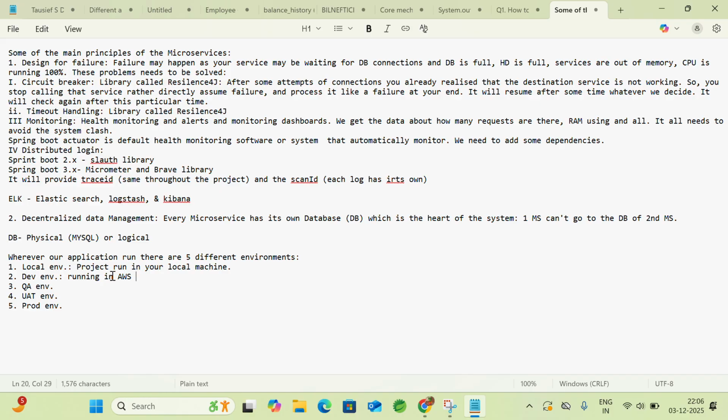When the project is running in the cloud, QA will test here, and here the developer will test. UAT environment is user acceptance testing, basically. Apart from that, the last one we have is the production environment, which is live for the customer.